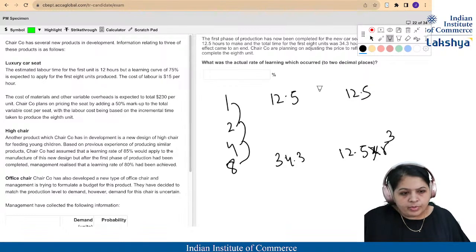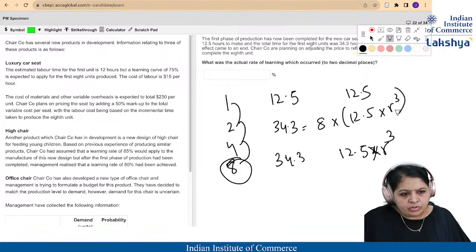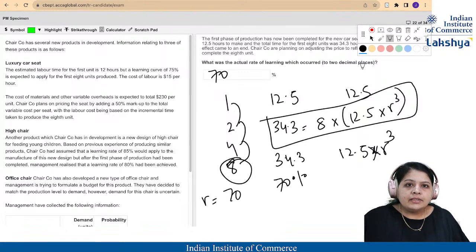So you just need to formulate this, which is 34.3 is equal to 8 units multiplied by 12.5 into r raised to 3. When you are calculating this formula, you'll get 70. r is equal to 70. That means it is a 70% rate, right?